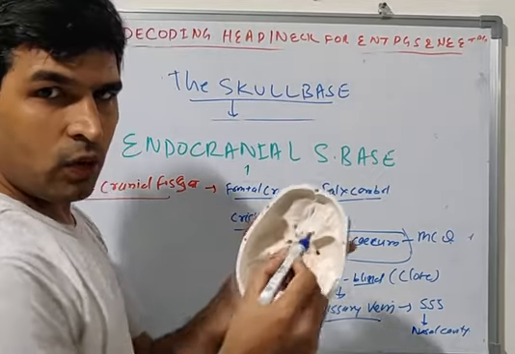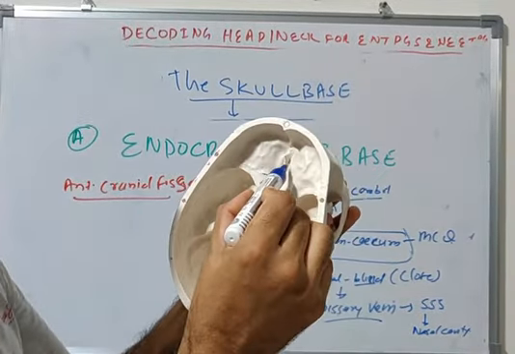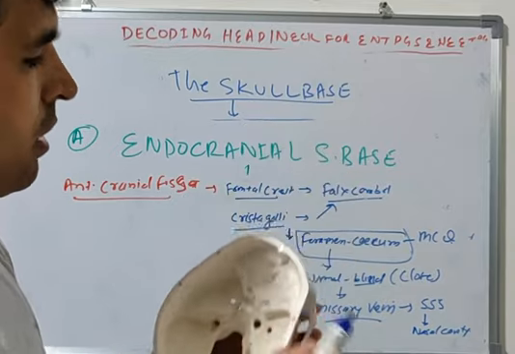Around this crista galli, you see this fenestrated pit in the ethmoid bone.